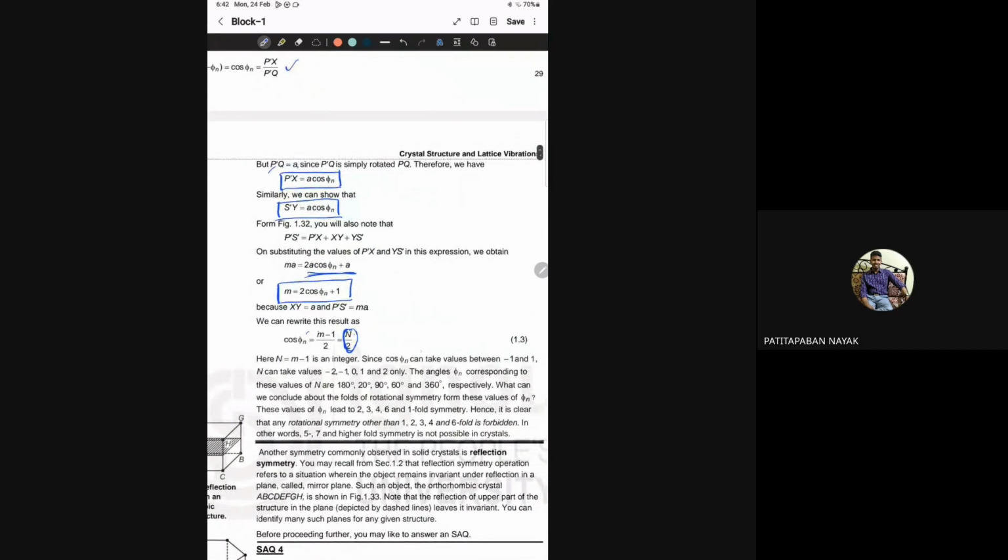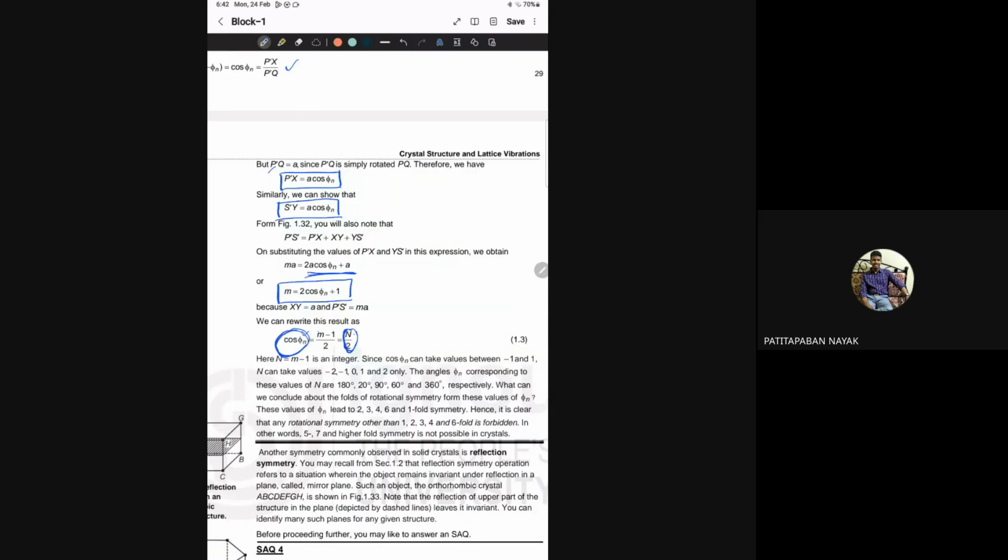Since cos phi n takes values from minus 1 to 1, what are the values N can take? So this left hand side is important.